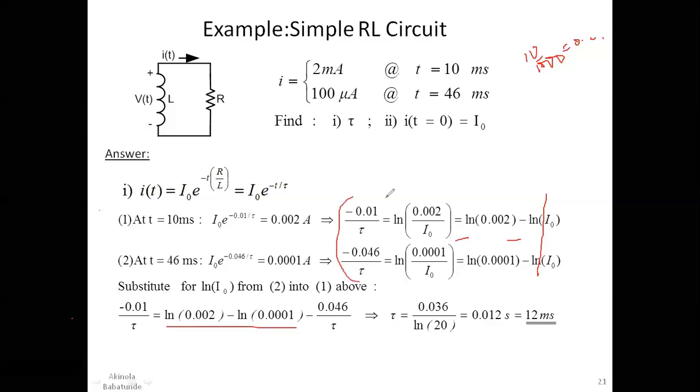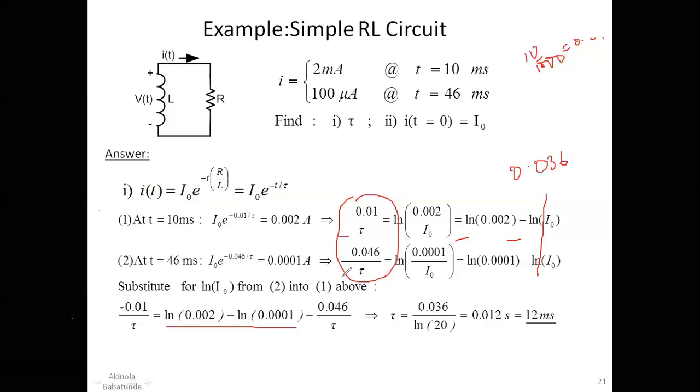So if we have these two left, you are going to say also that minus 0.01 over tau minus, and if you do that, this turns to plus. Eventually what you will have left is going to be 0.046 minus 0.01, and that will give you 0.036 over tau at the end of the day.